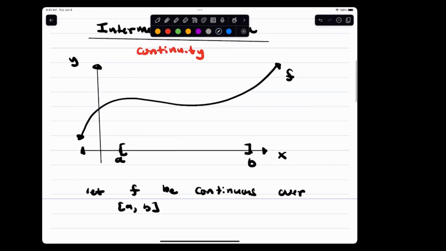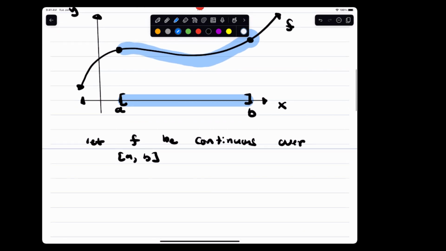So kind of like saying, okay, at this point and this point, you have a nice, beautiful what? Curve. And that's because it's over this particular closed interval. So over that interval, we have a nice and what? Continuous curve.